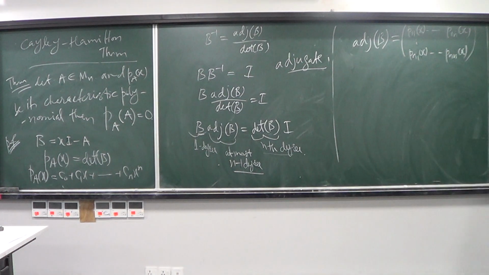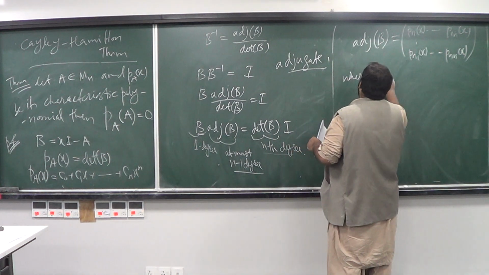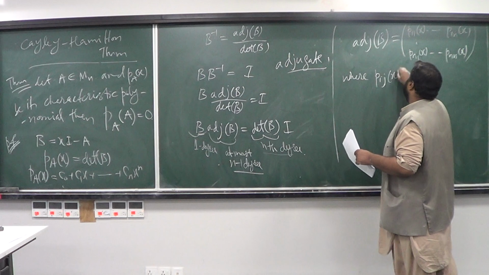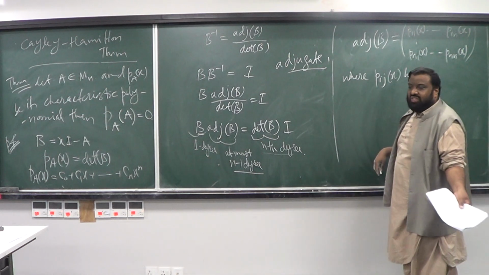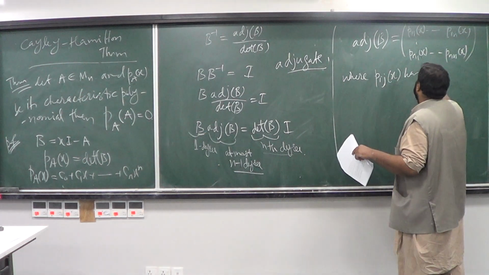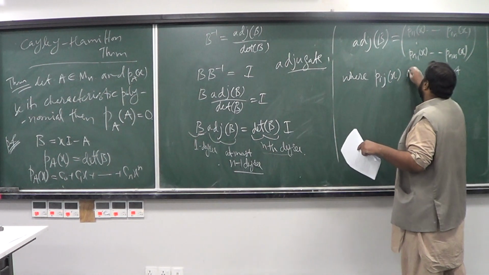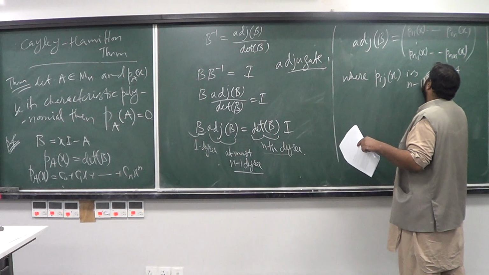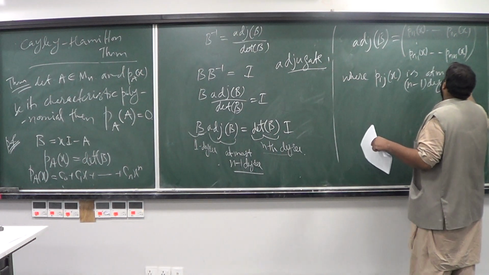This is how explicitly this adjoint matrix is going to look like, where each Pij of x has either exactly n minus 1 degree or less than n minus 1 degree, that is, it is at most an n minus 1 degree polynomial.